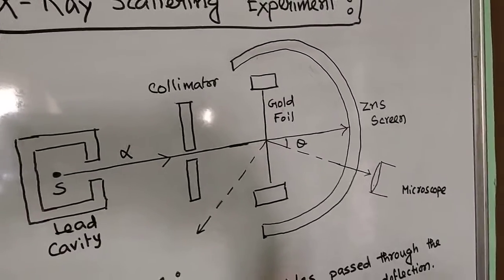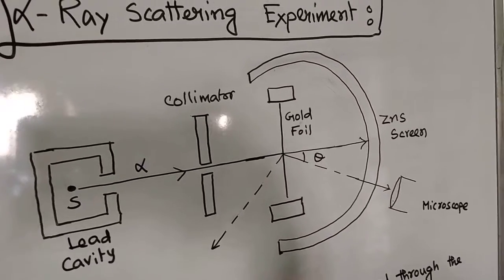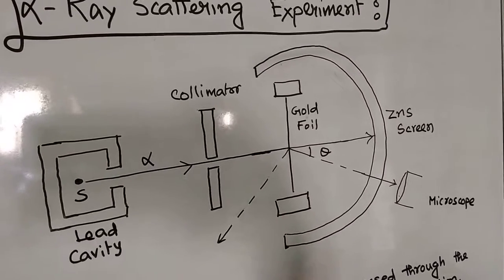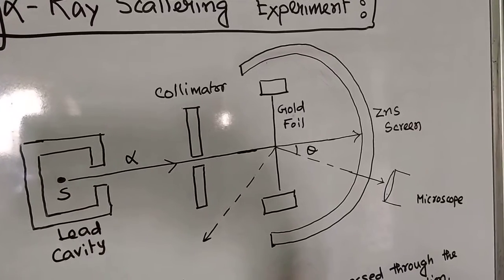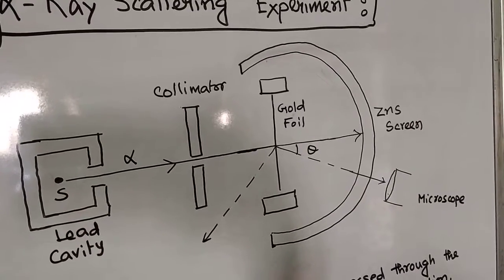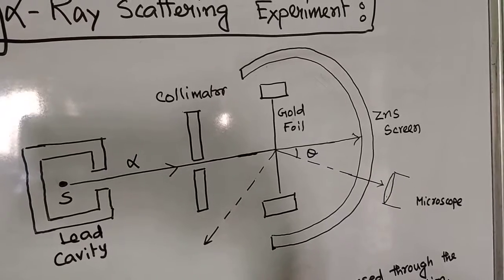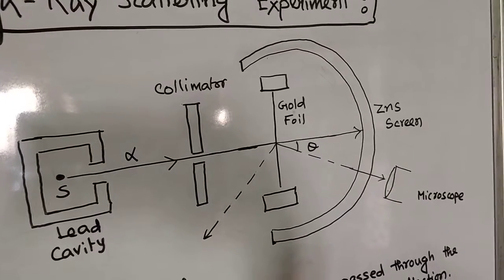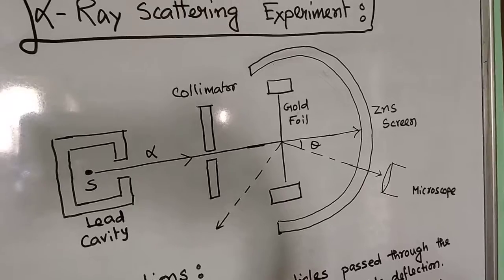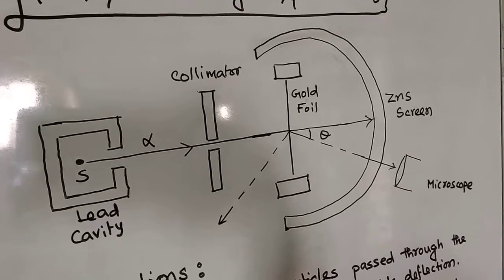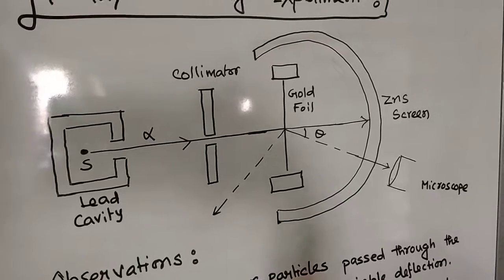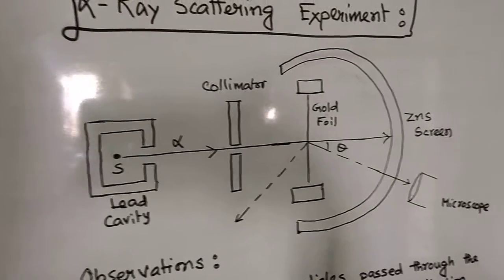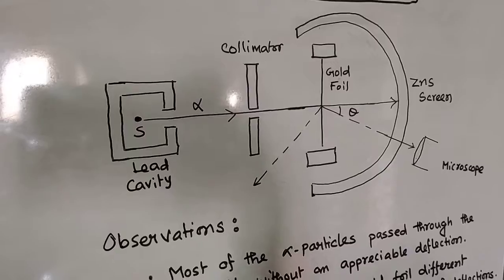Some rays move out directly without suffering any obstacle. Some rays deviate by an angle theta. Some rays get deflected by more than 90 degrees, and some rays even deflect by 180 degrees, so they move back. Now from this we can draw some conclusions, and we will come to that conclusion part slowly.